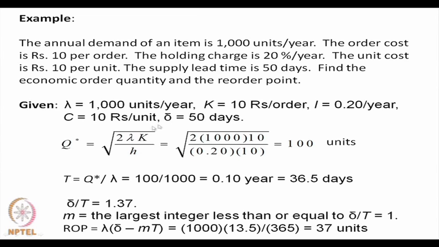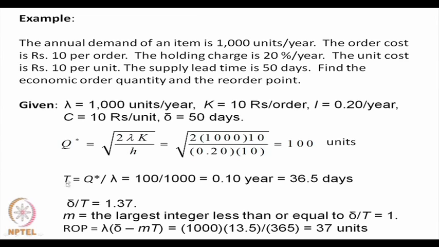Now, here we straight away use our how much to order, Q star, which is given by root over 2 lambda K by h. We put the values, we get this as 100 units. Now, when to order will be determined by first of all knowing the cycle length. We know the supply lead time is 50.